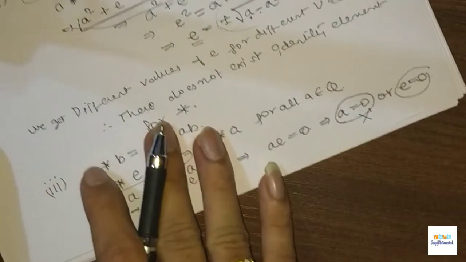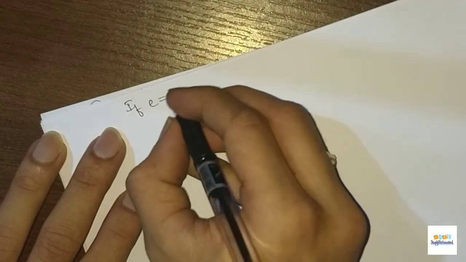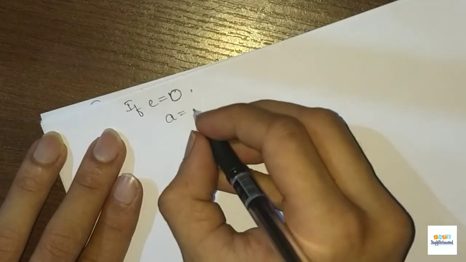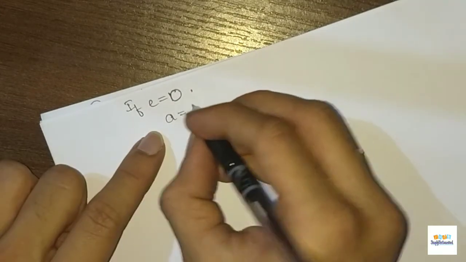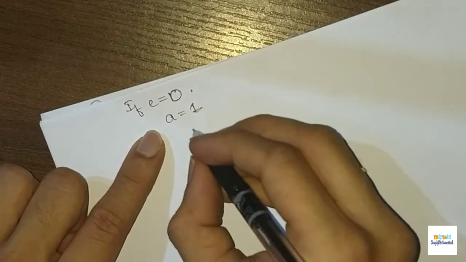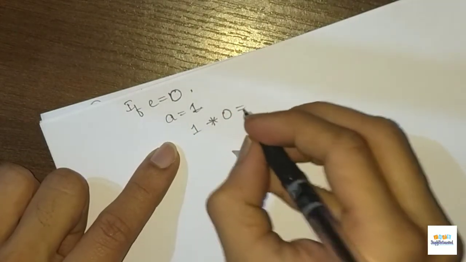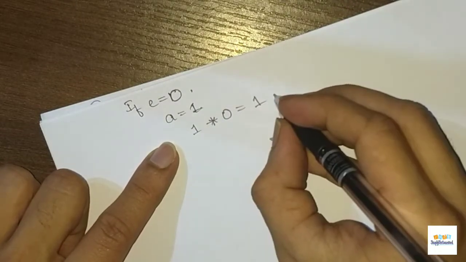So if E is equal to 0, what happens? Let us see, okay? Let us take one element. Let us take A equal to 1 now, okay? So what we will get is 1 star 0 will be, by the operation it is A plus AB, right?